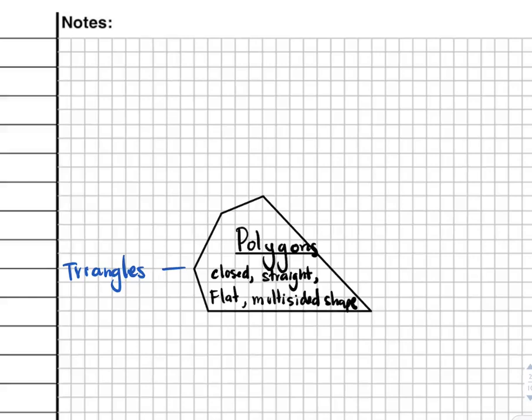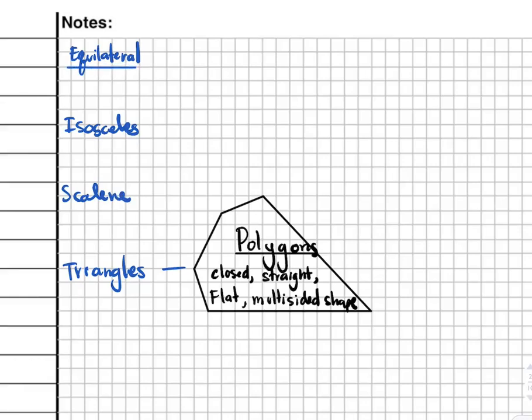The types that I have, in decreasing specificity, are equilateral, and then isosceles, and I've been working on spelling this right, and then scalene. Those are the three types that we have.